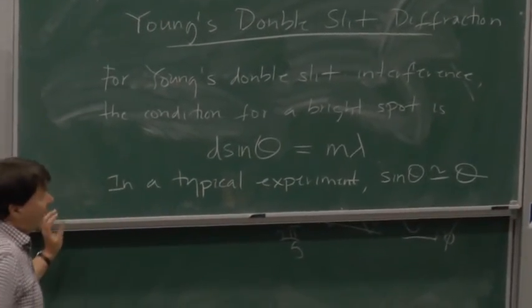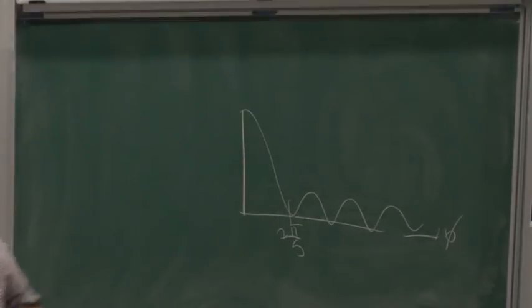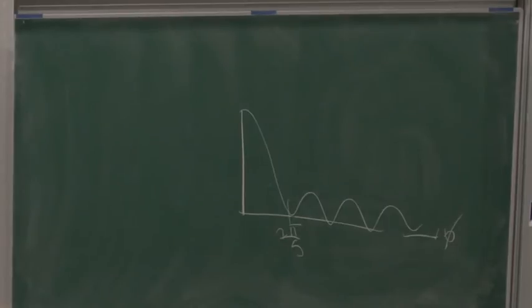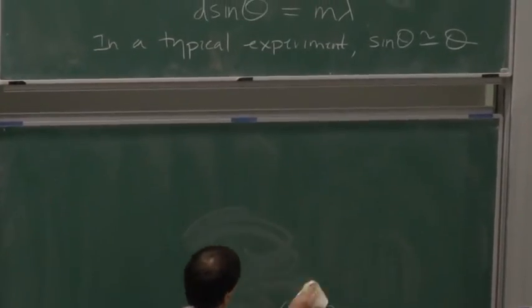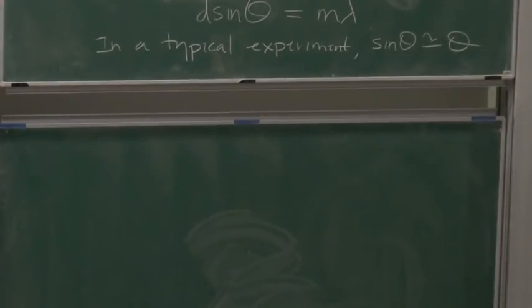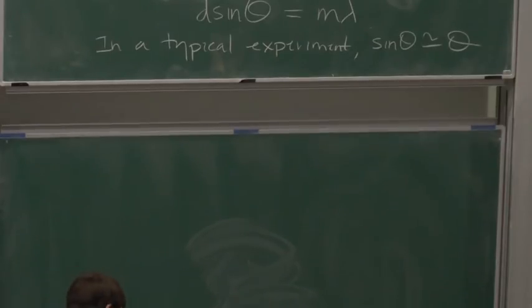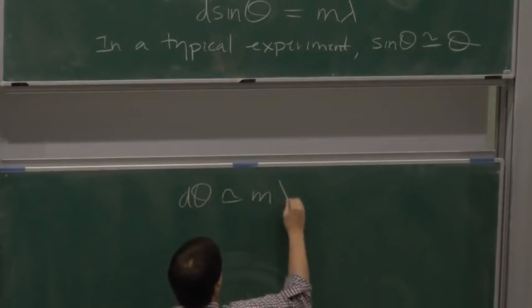You just see the geometry here, theta is of the order of 10 to the minus 3 in radians, so the small angle approximation is clearly justified, or in other words, d theta is n lambda.